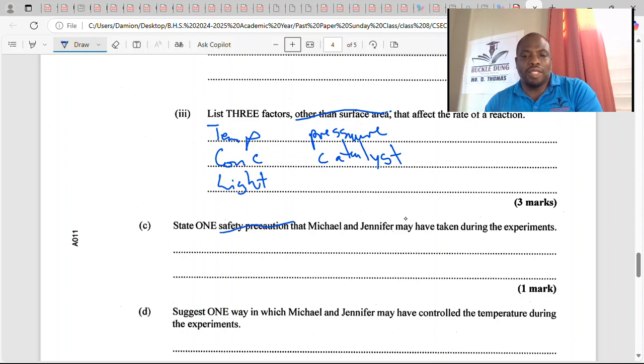So they should have on safety or protective gear, such as gloves, because they're handling the acid. Proper eyewear, yeah. So that's one of the major safety precautions right there.